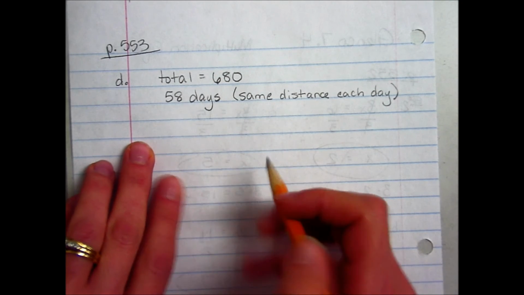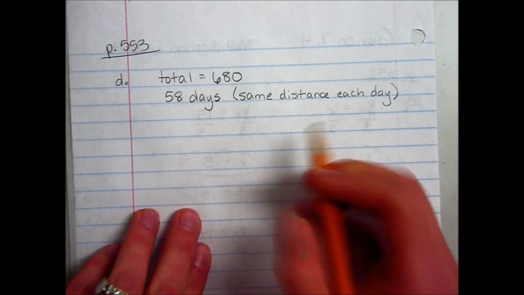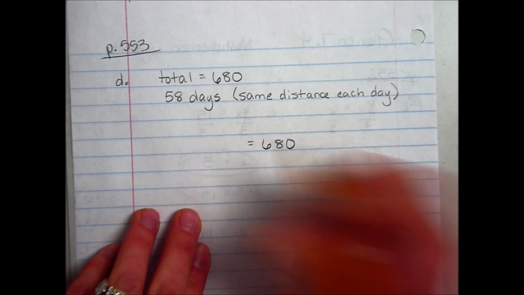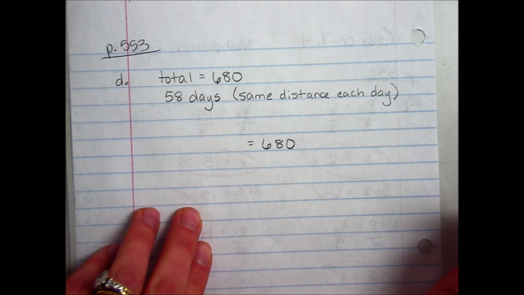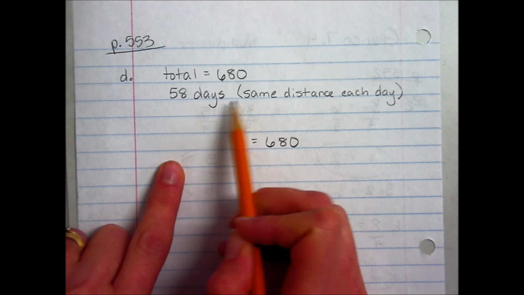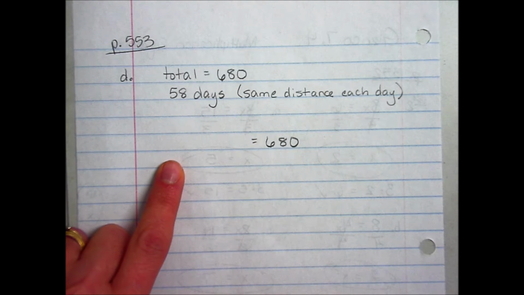All right, so if we know the total is 680, we can put it by itself, right? And in a way, with how I wrote this, it kind of set up what you need to do for the other part of the equation, really, because parentheses means do what? I didn't intend that when I wrote it, but it works out.